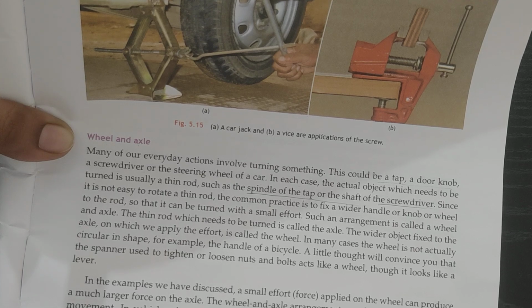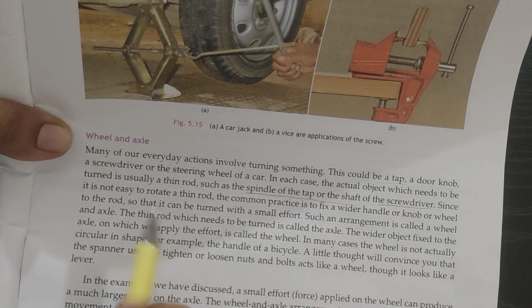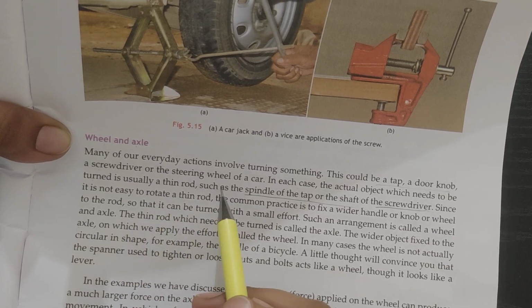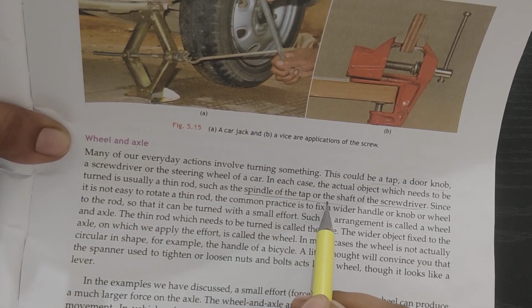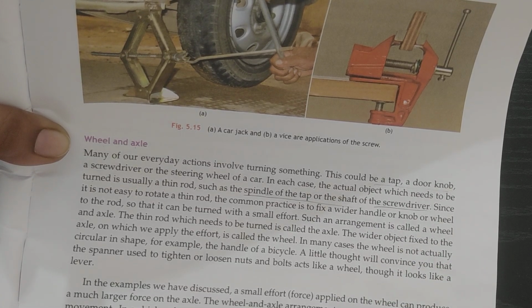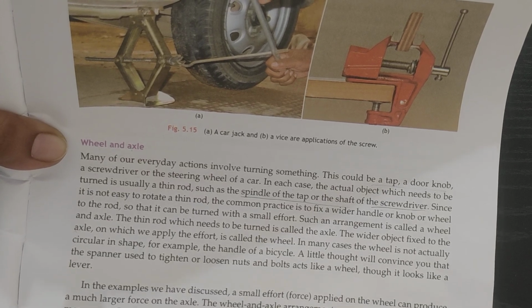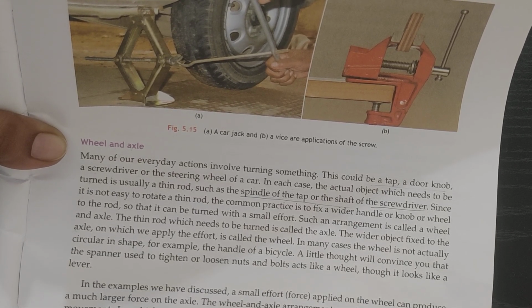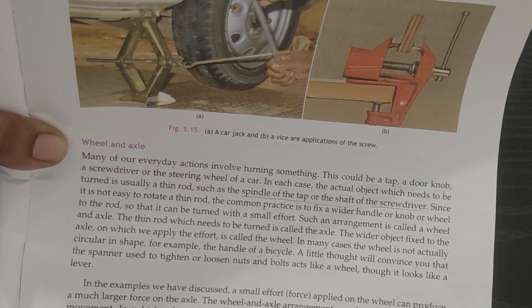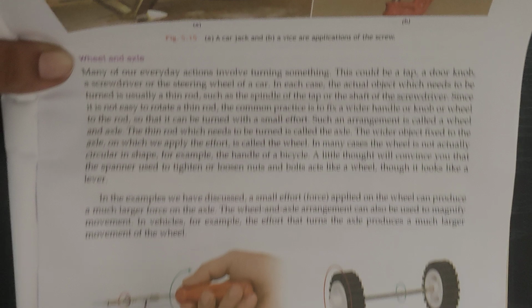They are saying that everything which needs to be turned around needs a thin rod to be moved. That is the spindle of the tap or the shaft of the screwdriver. This is the shaft of the screwdriver, or the top of the spindle, we can say, that is moving. Actually, when it is moving, this smaller axle is also moving. So we need the movement of the axle here to do things properly.